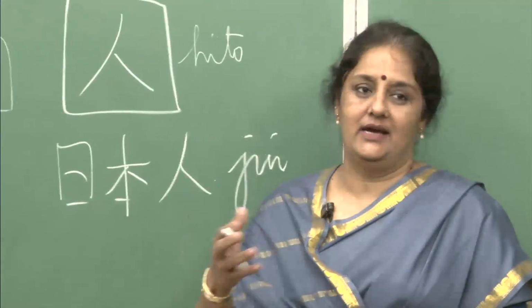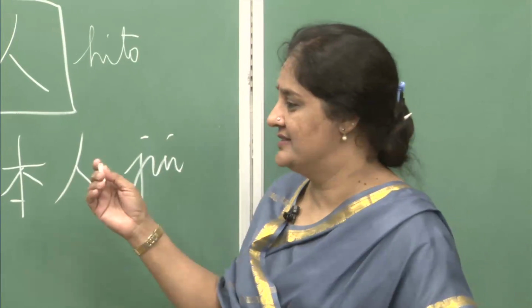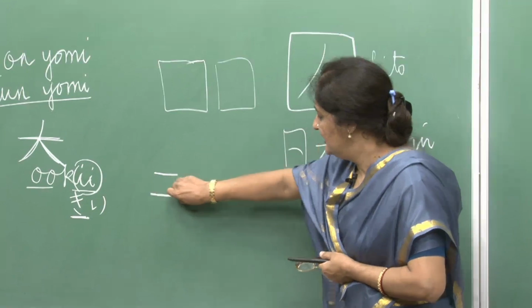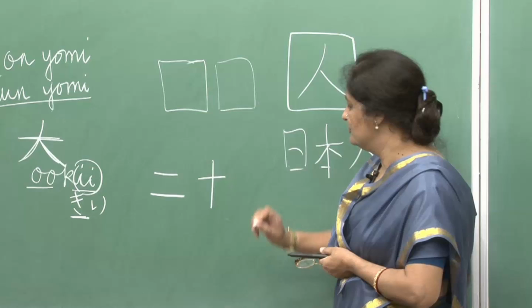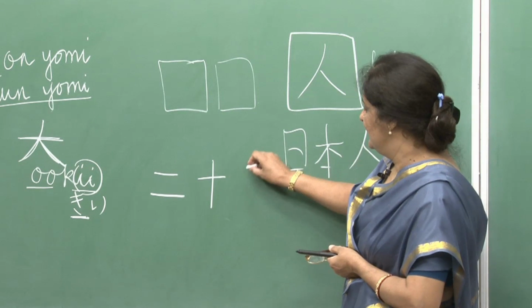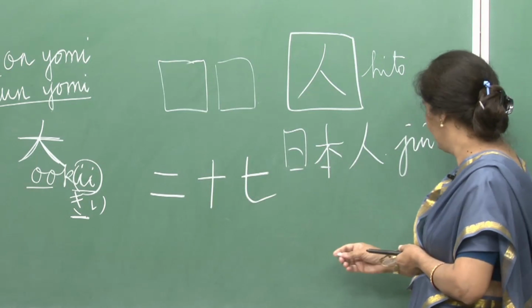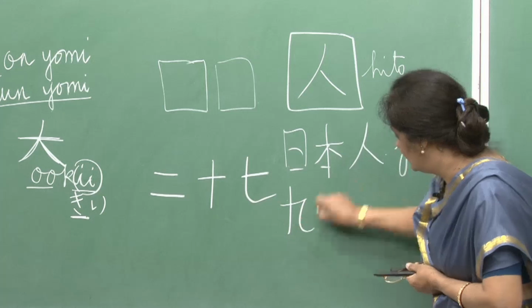Now, we also did stroke order last time. Kanjis can be categorized in groups by stroke order. For example, you have kanjis like ni, you have kanjis like ju, you have kanji characters like shichi, also q.